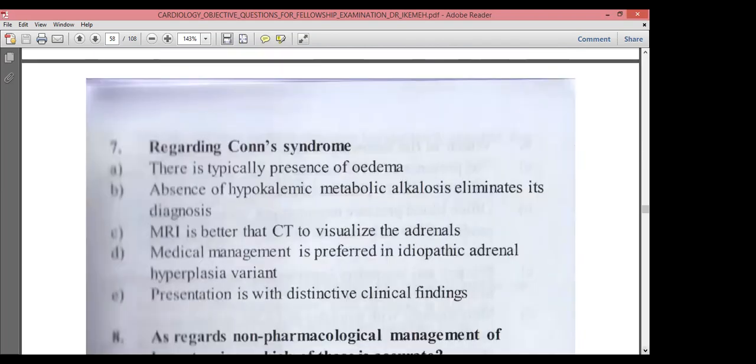Okay. So question 7 says regarding Conn syndrome. So Conn syndrome is basically hyperaldosteronism.